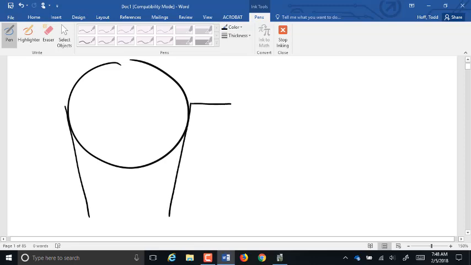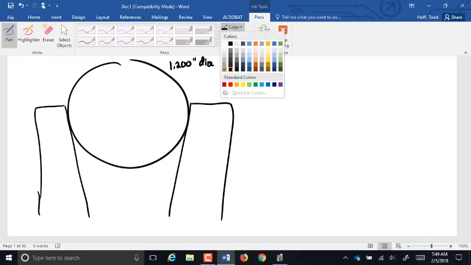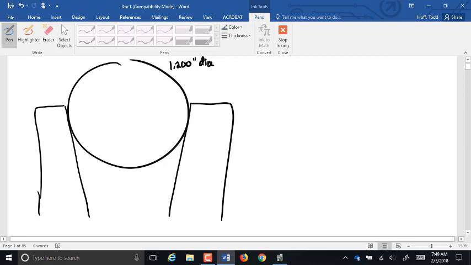So this is a standard Morse taper. We've got this ball with a 1.2 inch diameter. We have the mouth of the hole here is 1.231 inches across.